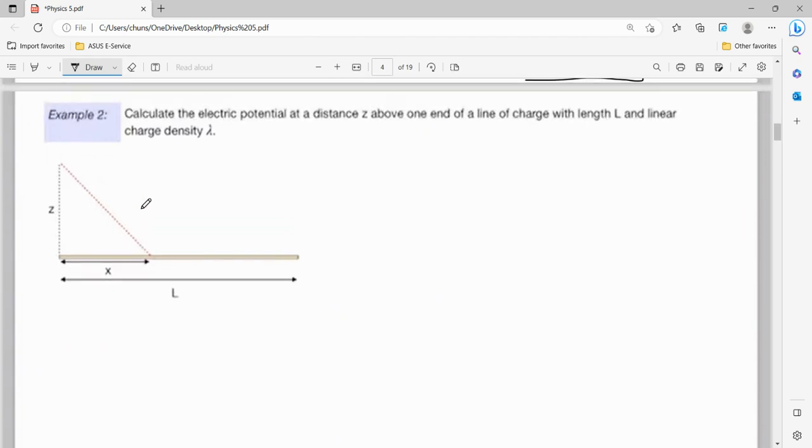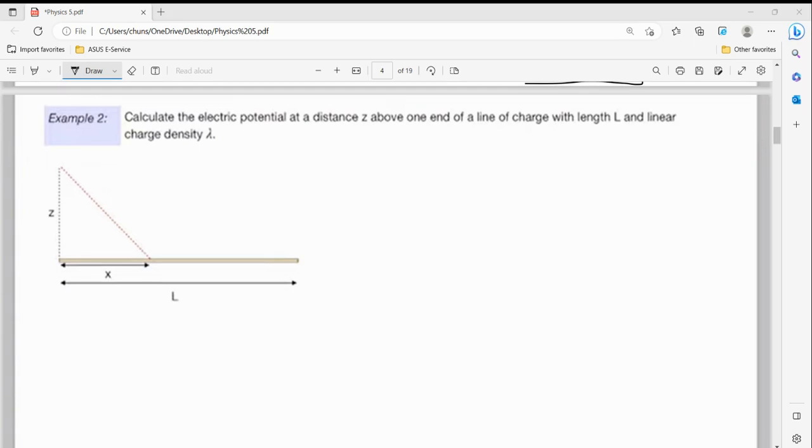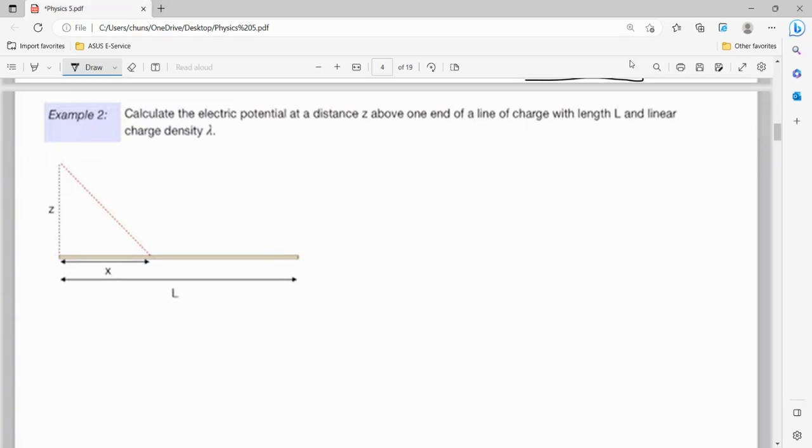Now with our second example, this is similar to what we did in our previous lectures. So we know that linear charge density is equal to Q over X length. And we know that to get Q, this is lambda times X. So to find our electric potential at a distance Z above our line of charge, we are going to use this equation here.